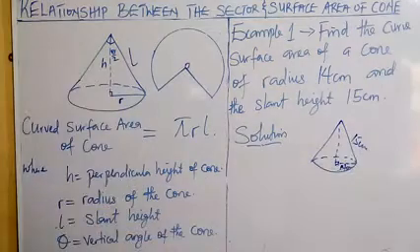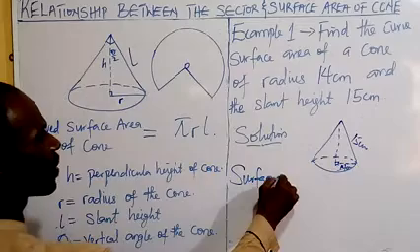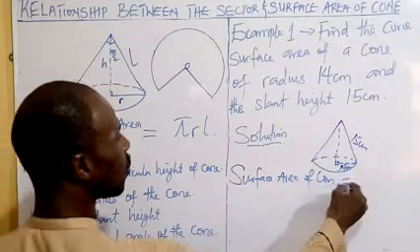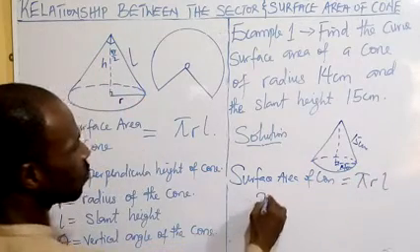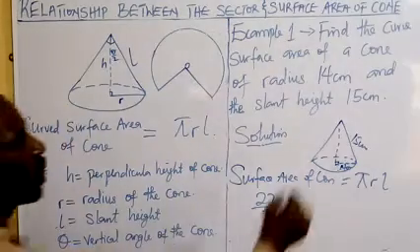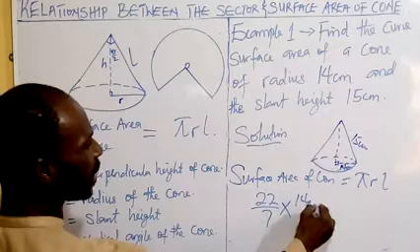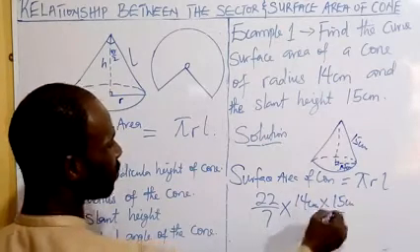Calculate the surface area. Therefore, the surface area of the cone equals pi RL. That is 22/7 multiplied by R, where our R is 14, so 14 centimeter multiplied by 15 centimeter over 1.